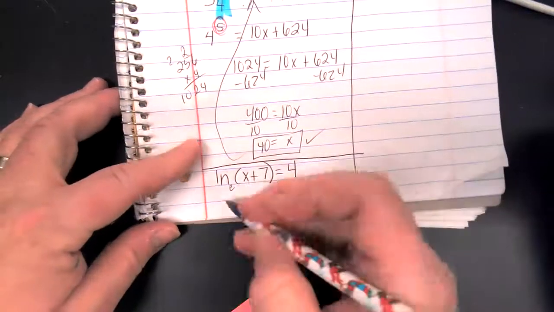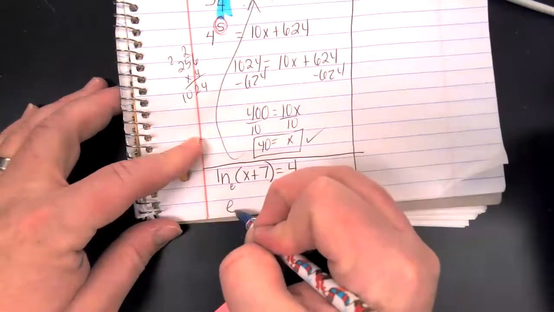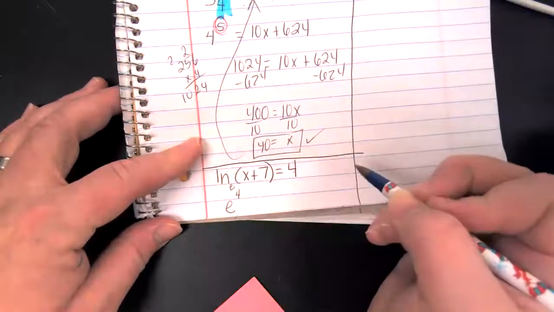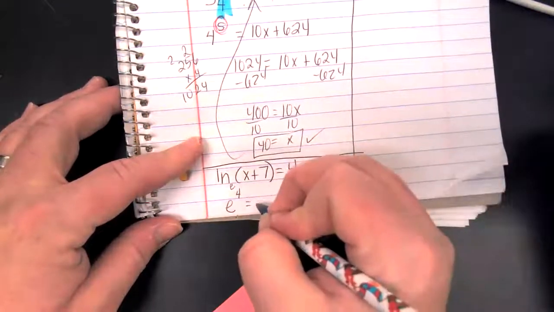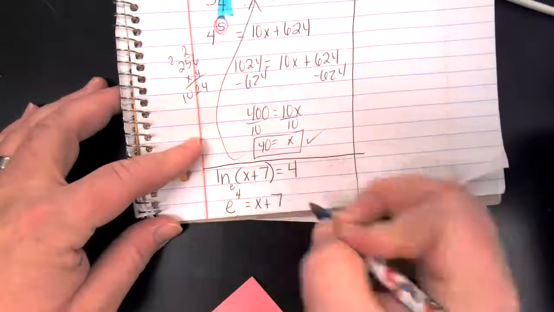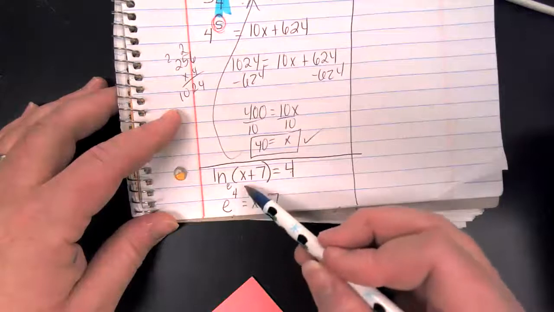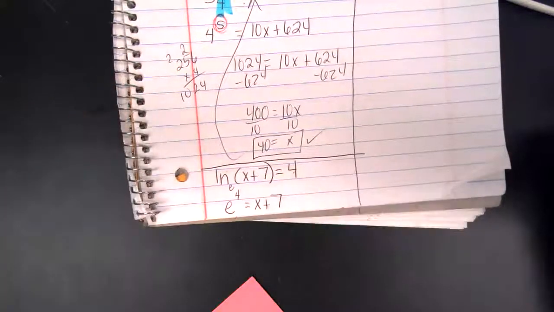So here I am. My base is e, so e to the 4th power equals x plus 7. E to the 4th power you do on your calculator. I would if I could find mine. Haha, I found it.